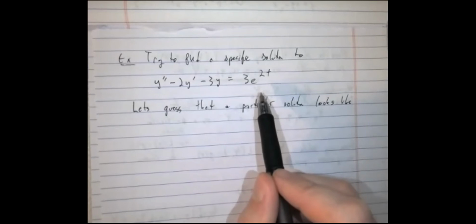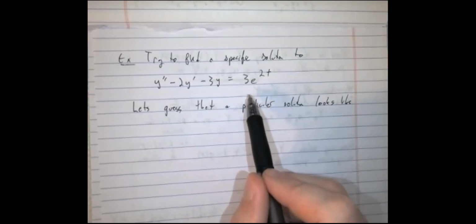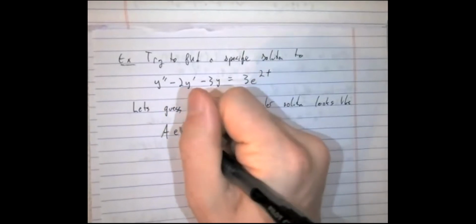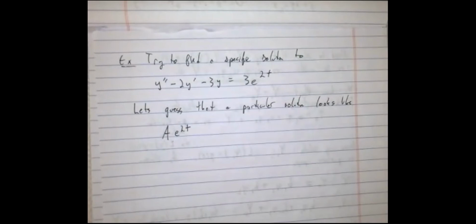A very naive guess is that, well, maybe I should look for something that looks like e to the 2t. Let's guess that a particular solution looks like a times e to the 2t, where we're not going to decide what this constant a should be yet. Once again, I want to emphasize, this is the most naive possible thing. I'm looking for a solution to the second order differential equation that looks like an exponential. Well, maybe I'll just try an exponential and see if that works.